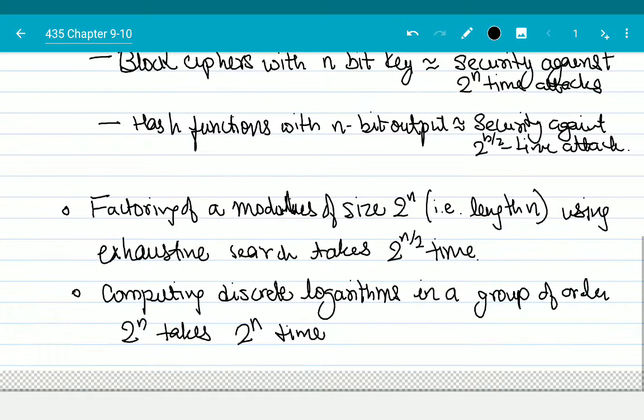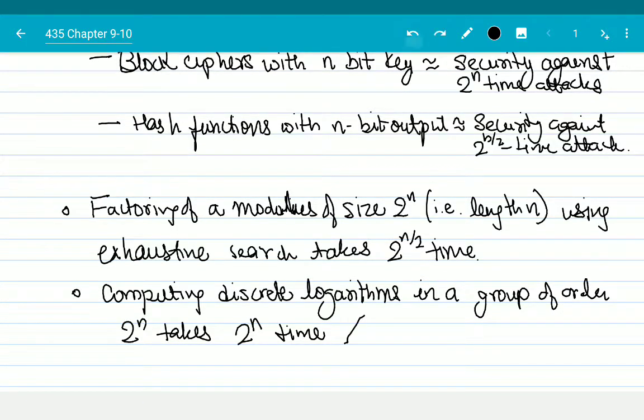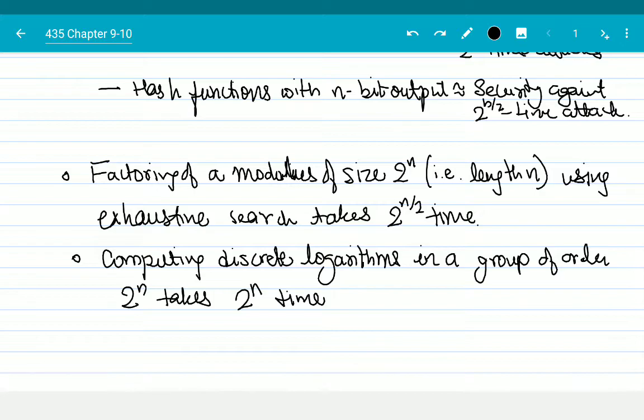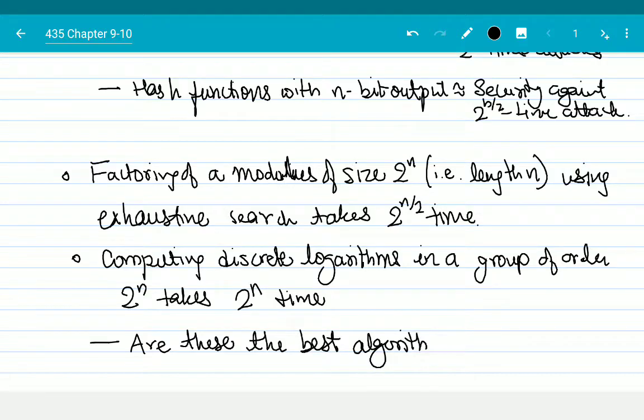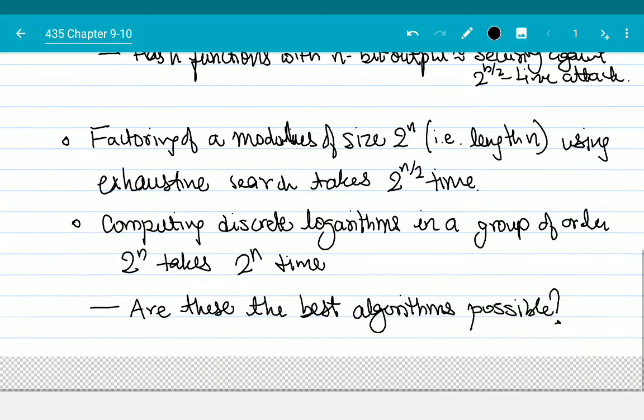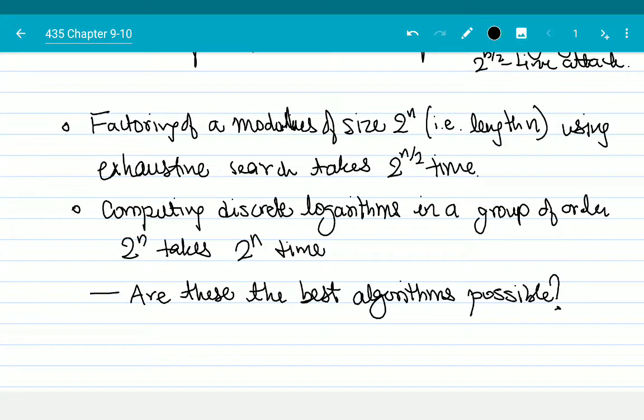So this is using the straightforward algorithms, but are these really the best algorithms? And the answer is no. There are much better things today.